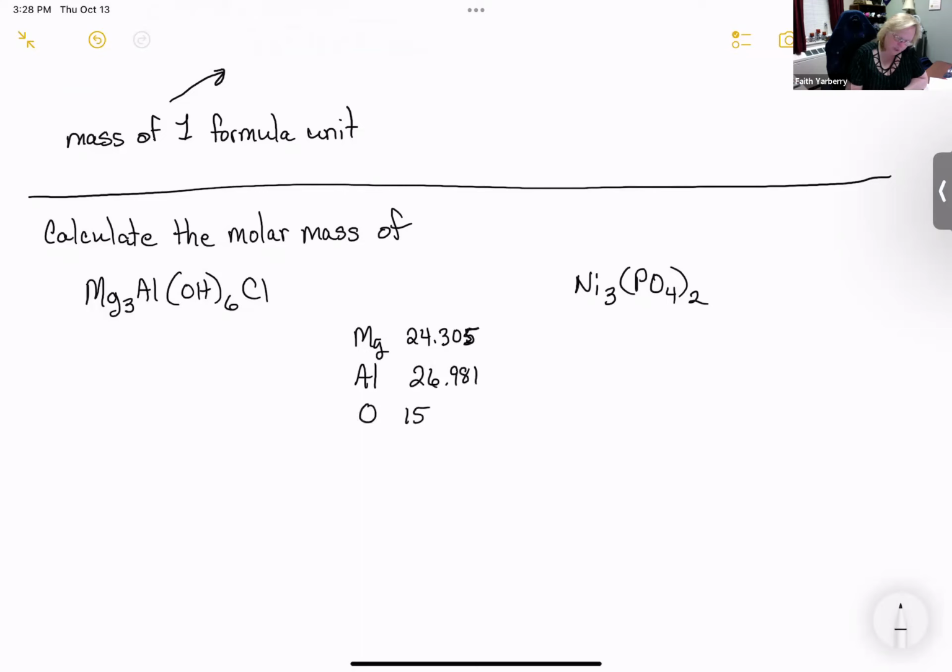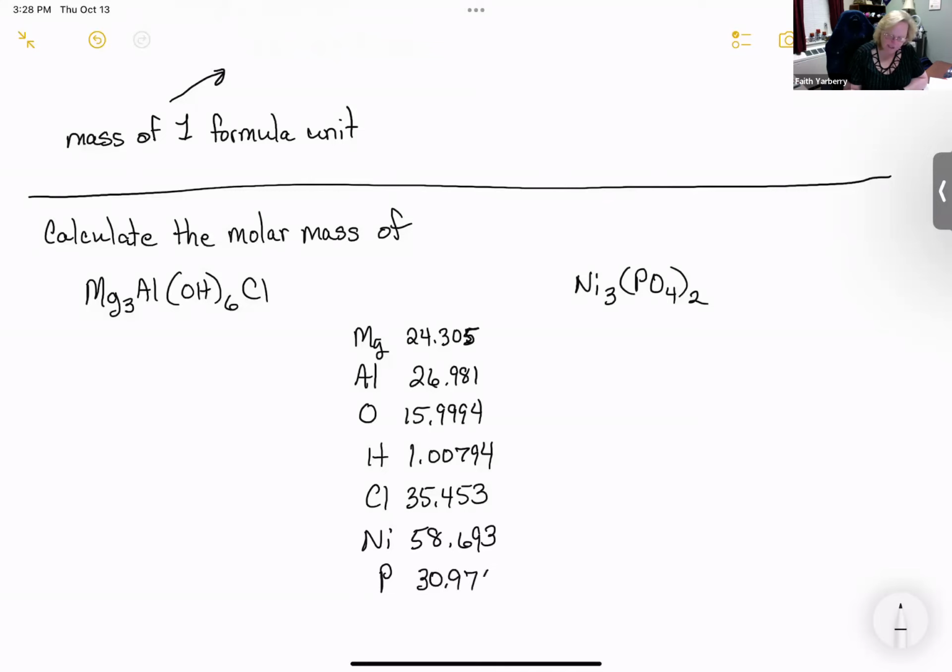Oxygen 15.9994. Hydrogen is 1.00794. Chlorine is 35.453. And nickel is 58.693. Phosphorus is 30.976.